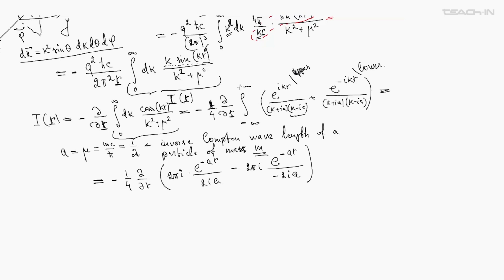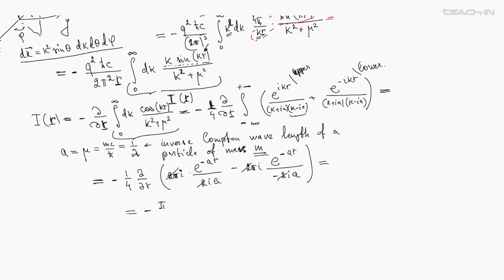And then what then? Then we see that this is simplified to the following expression, minus pi. So 2's cancel here, 2's cancel here. Pi will be left over, i will be cancelled also.